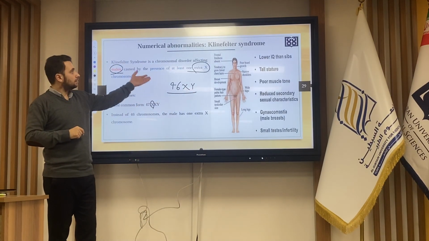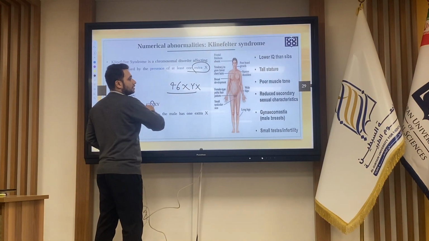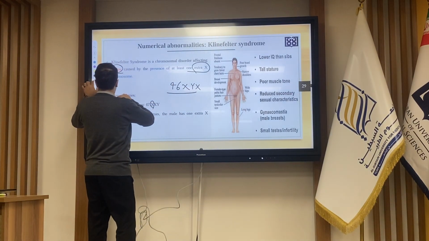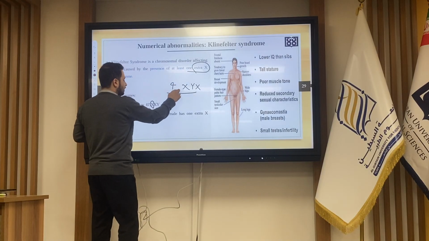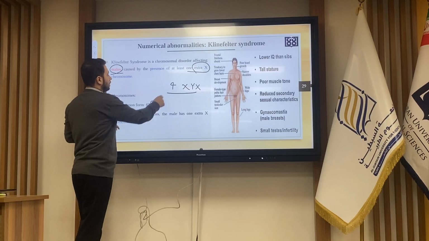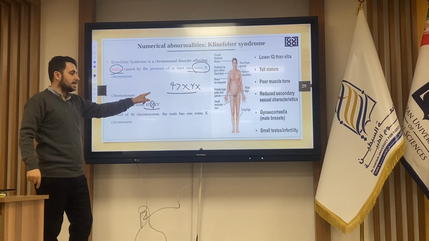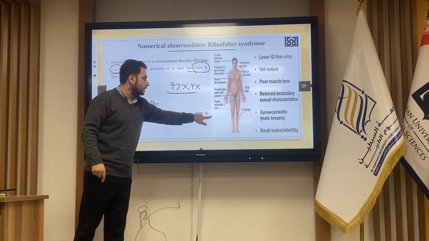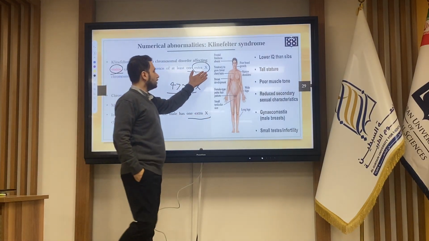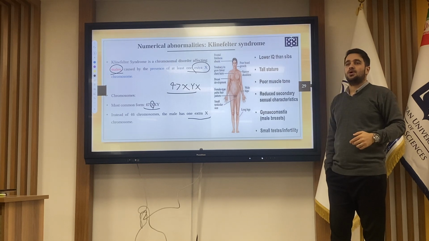But in this syndrome, we have an extra X. Instead of having 46, we have 47. You are seeing 47 XXY, an extra X. And you are seeing the morphology of this syndrome.